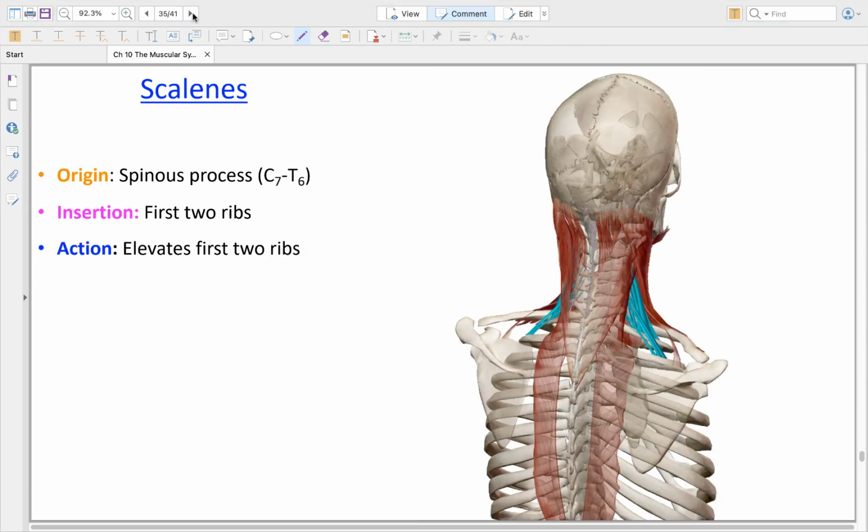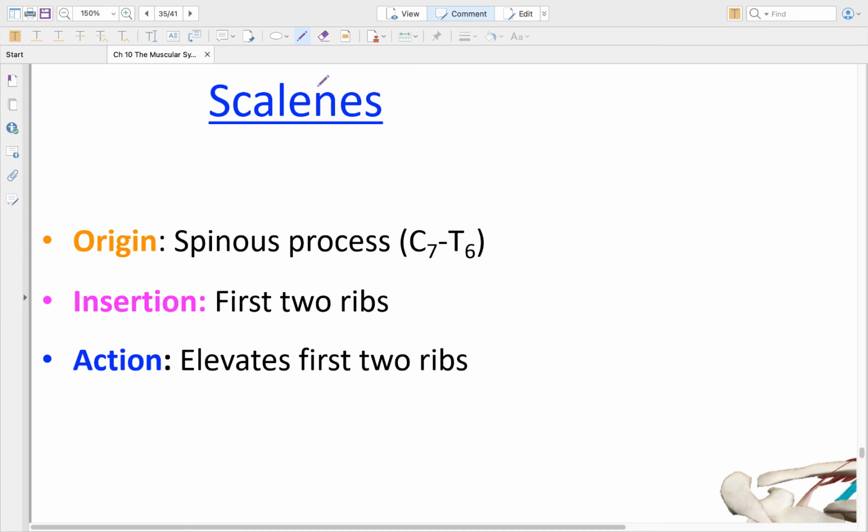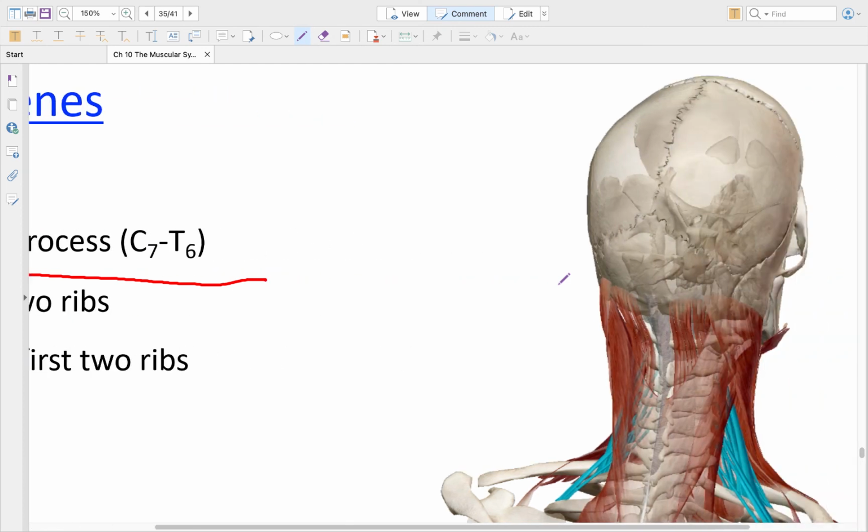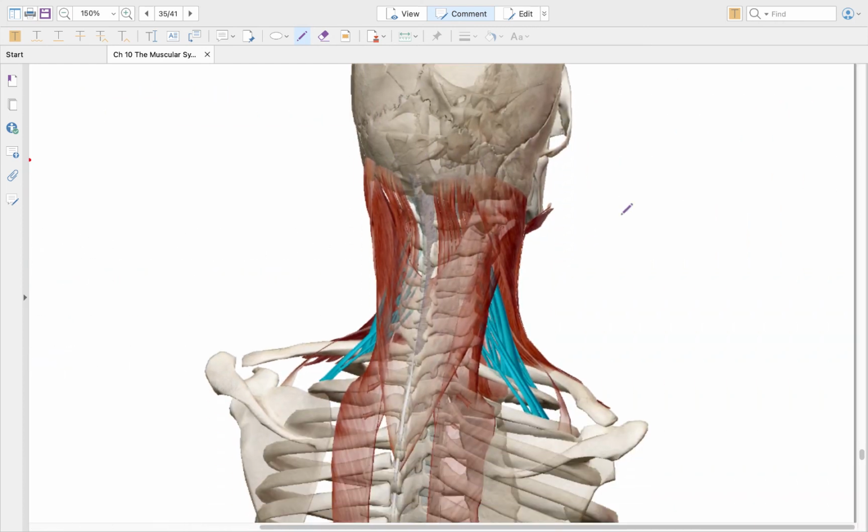Next muscle, the scalenes. Now these ones, it's technically one muscle, but it looks like several, but it's not. Okay, so it originates from the C7 to the T6. Now remember, the cervical spine has 7 vertebrae. The thoracic column has 12.